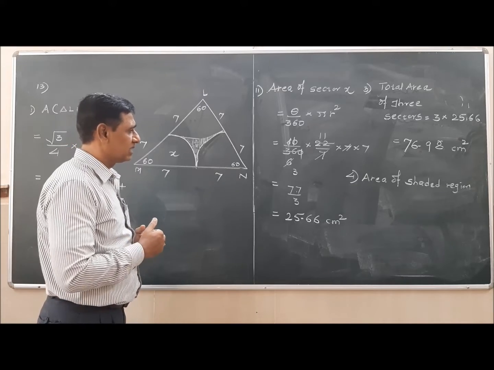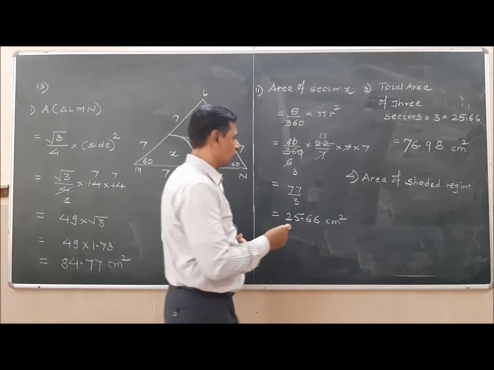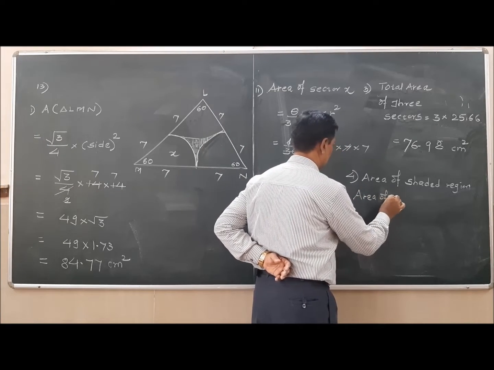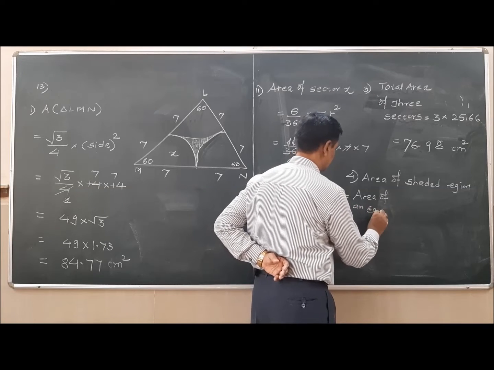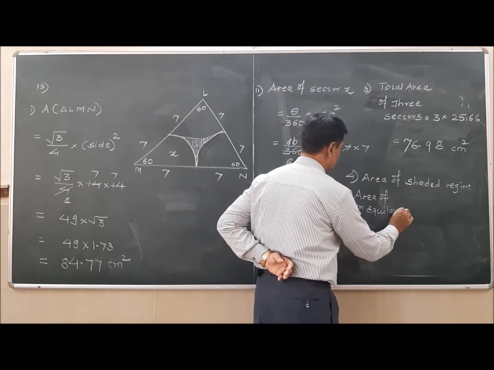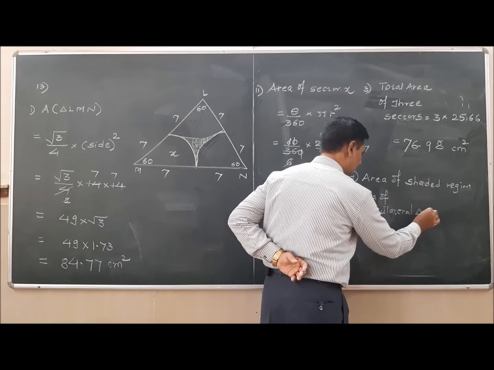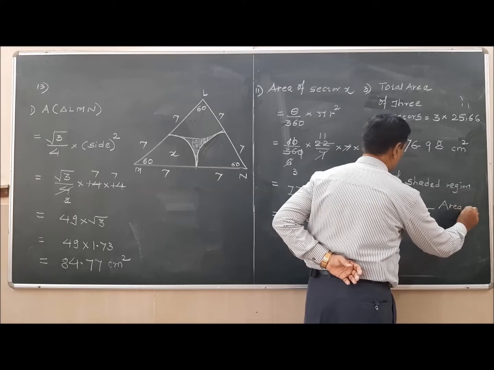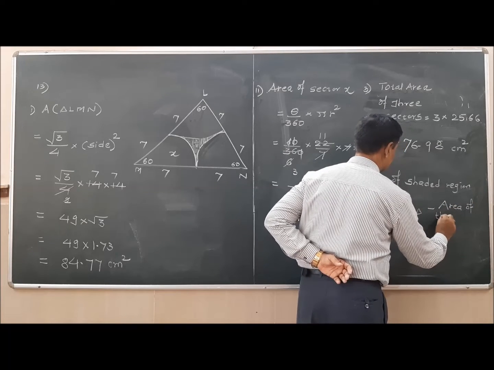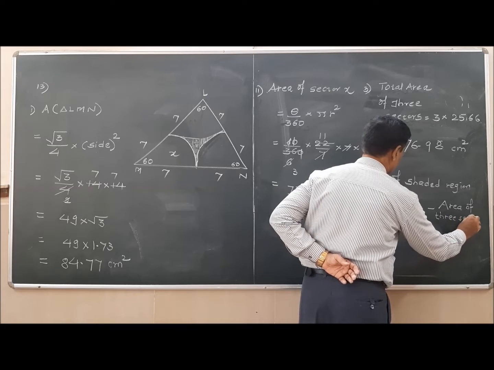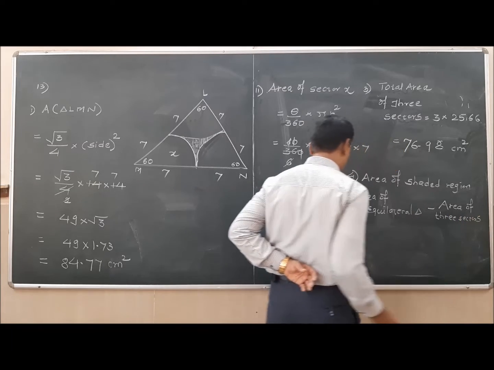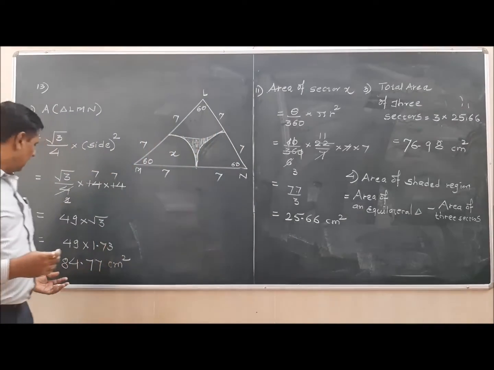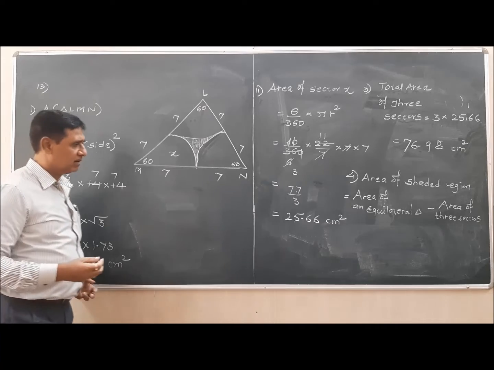So now I am writing it as, area of shaded region is equal to area of an equilateral triangle minus area of three sectors. Now the area of the equilateral triangle is with us, which is 84.77.